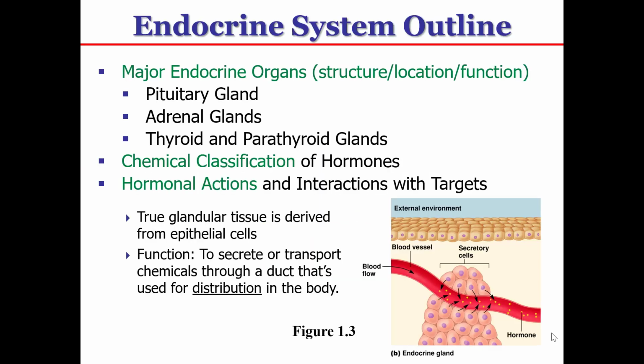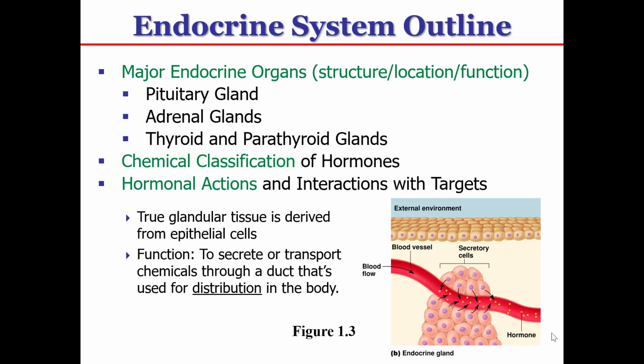I'd like to first review with you the learning goals for this system. Major endocrine organs, which were covered in Homework 6, are listed here: the pituitary, the adrenal glands, thyroid and parathyroid glands. We'll also need to review chemical classifications of hormones, steroid hormones versus peptide hormones, and water-soluble versus fat-soluble.